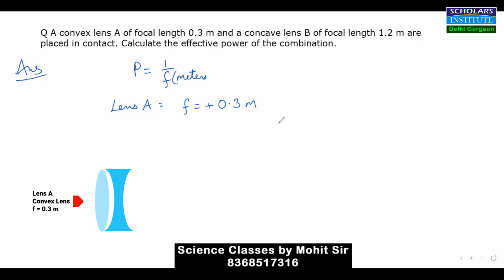It is already given in meters, so you don't need to change it. If the question had been in centimeters, then you should have changed it into meters. But this sign convention is very important.